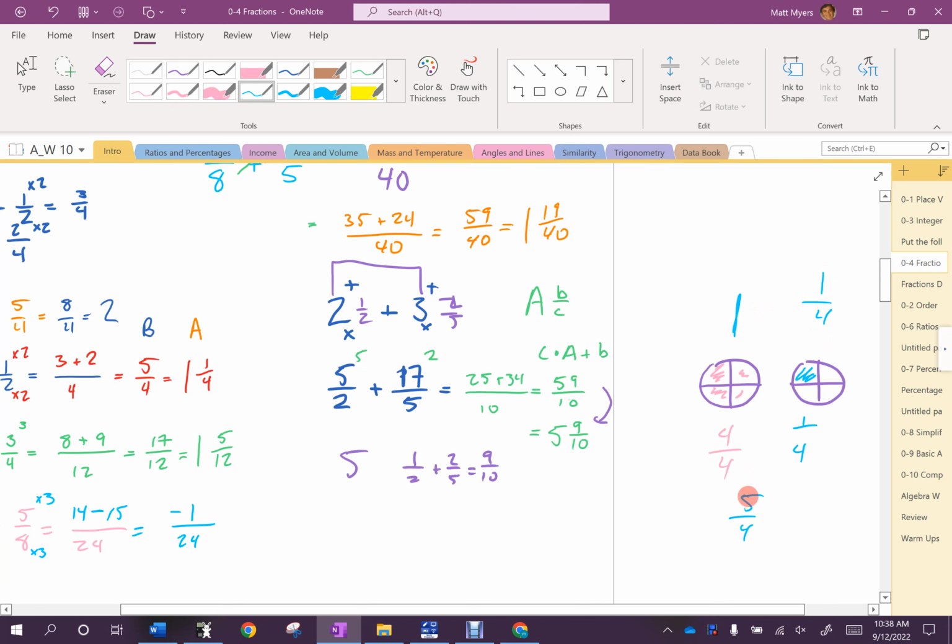How many 4s can fit into 5? 1. And then there is 1 quarter left over. 4 quarters plus 1 quarter left over. Cool? So if I had 17 over 3, how many 3s will go into 17?